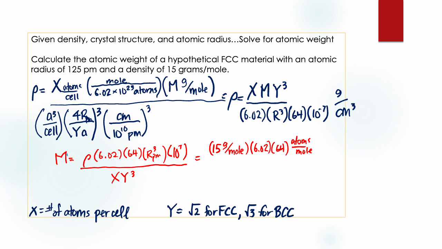That's 64. Okay, and then I've got R cubed. R is given as 125 picometers cubed, and then 10 to the 7 divided by, we're FCC, so X is 4, and Y cubed is square root of 2 cubed.